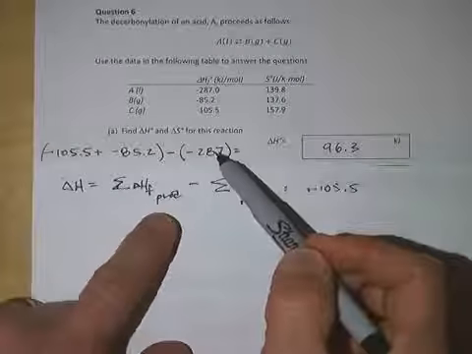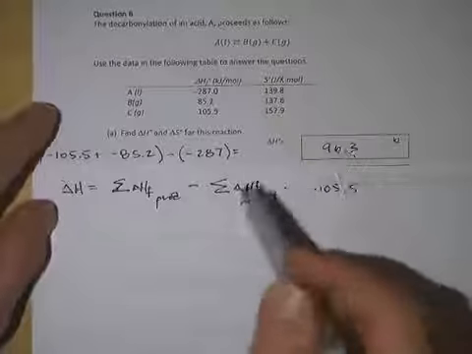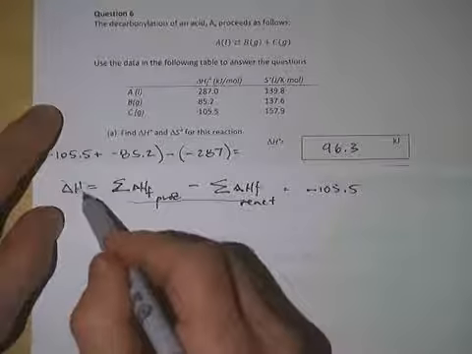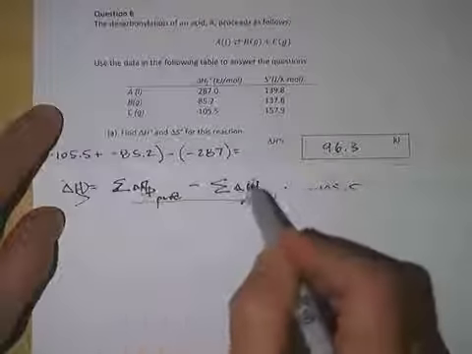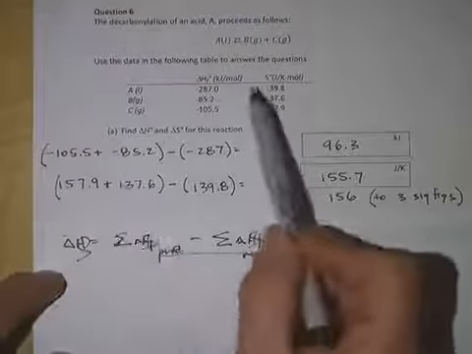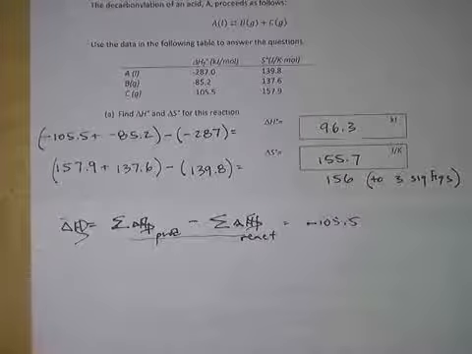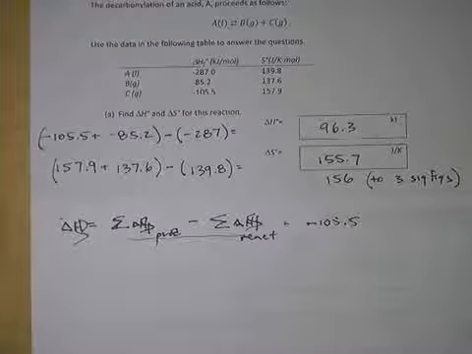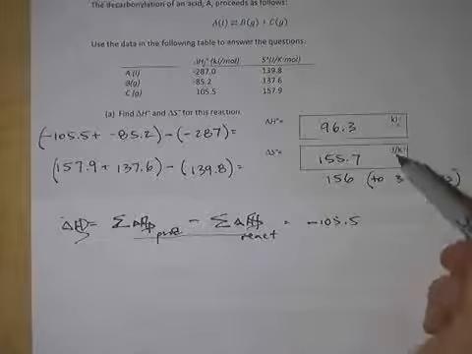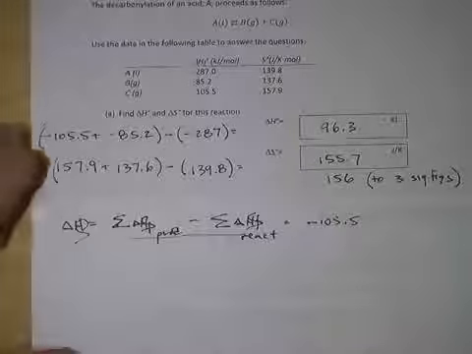And the other product is B, negative 85.2, and then minus negative 287, and then you subtract that and you end up with that for the kilojoules of energy. You do the same equation except it'll be S's for the letter B, and I took them off of the table here. And to 3 sig figs, it's 156.